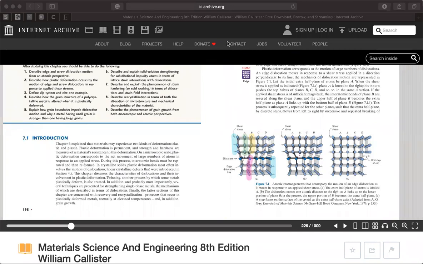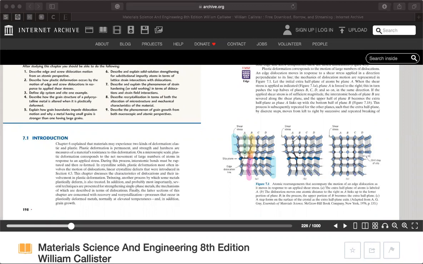In order for the dislocation to move, I need to break this bond over here between these two atoms. All the bonds between these two atoms as you go inside the page need to be broken in order to allow the dislocation to move from one point to another.